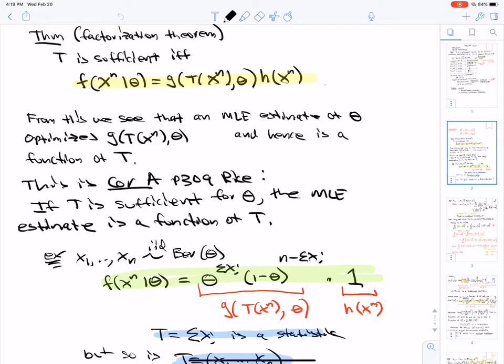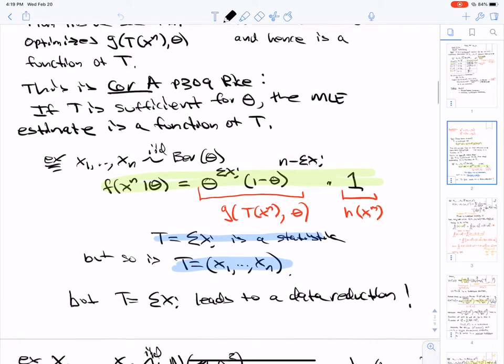So what we can see from this is that our MLE estimator is going to be some function of T. It's dependent on T.